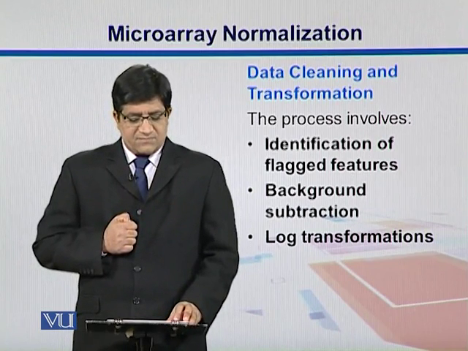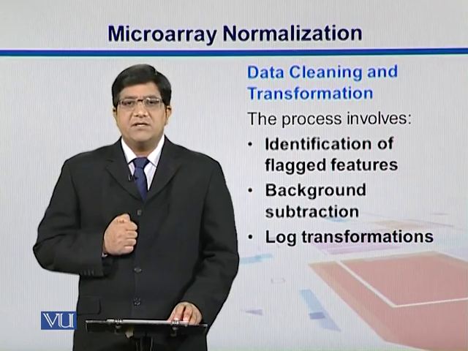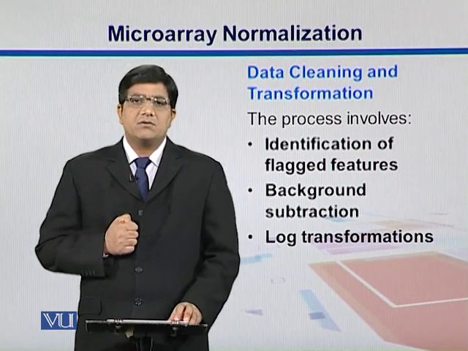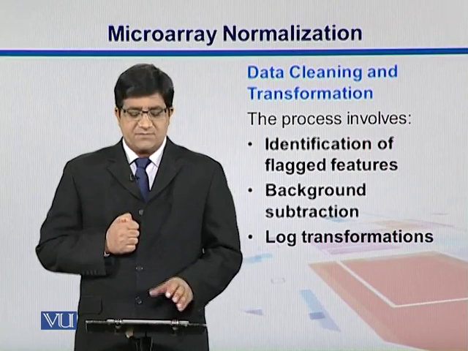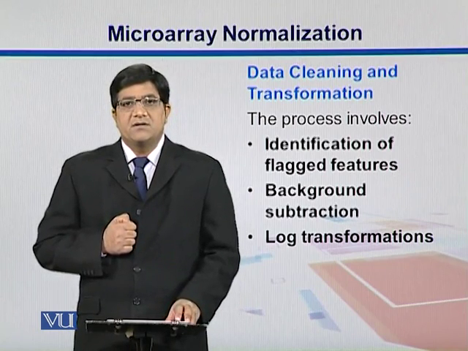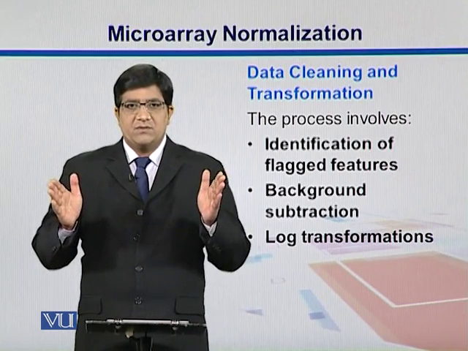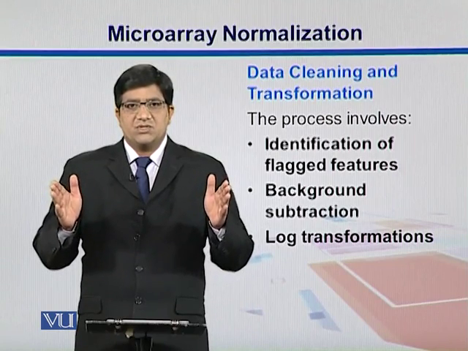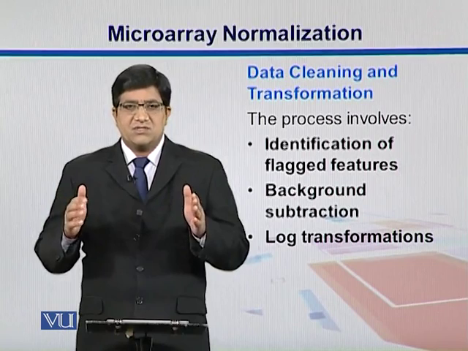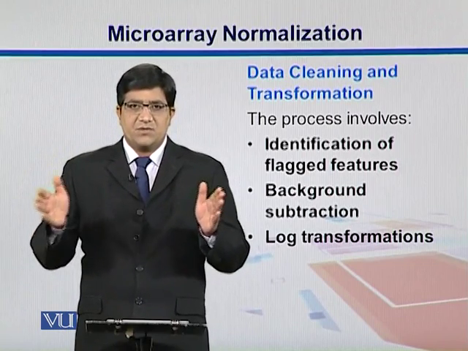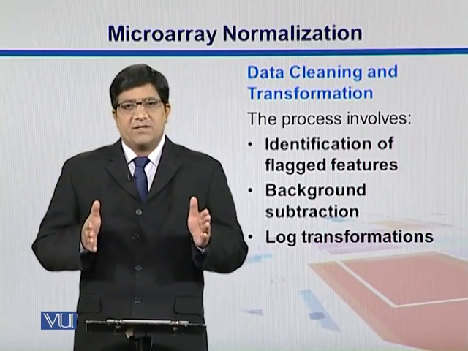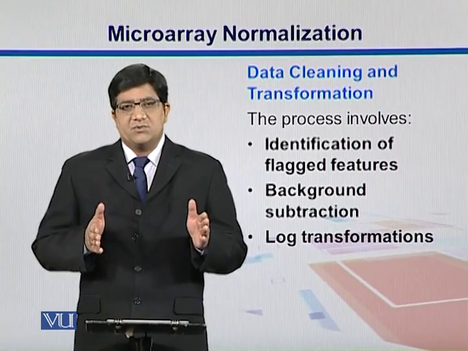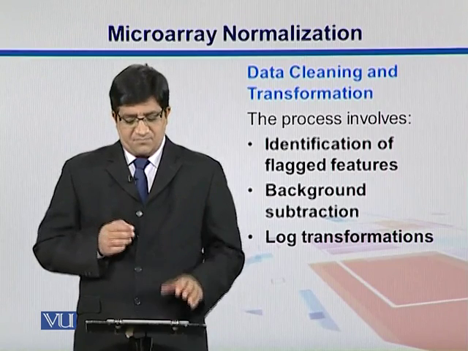We need to do log transformations since there is a big variation among our data. In log transformation, we will see in the next couple of slides that we can bring those big variations into the data such that genes with small expression and genes with very high expression can be put within one graph, within one picture.